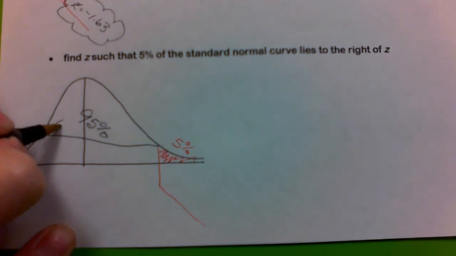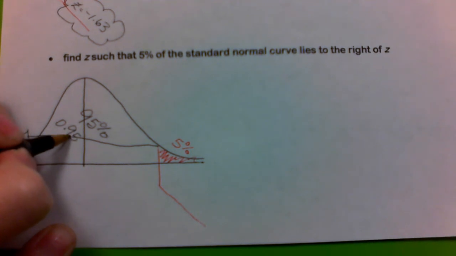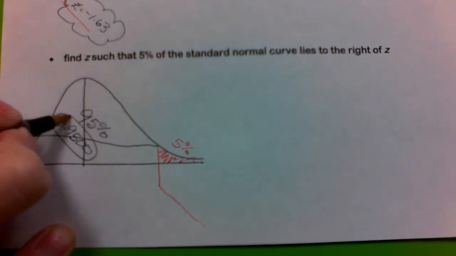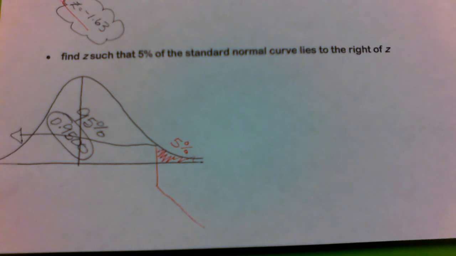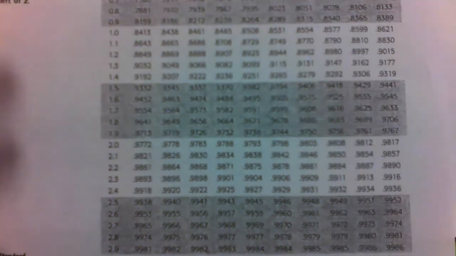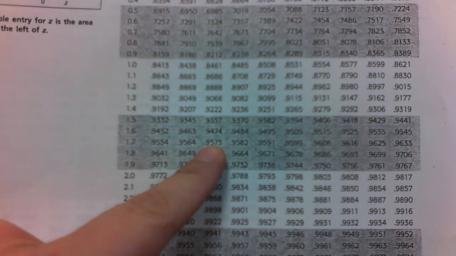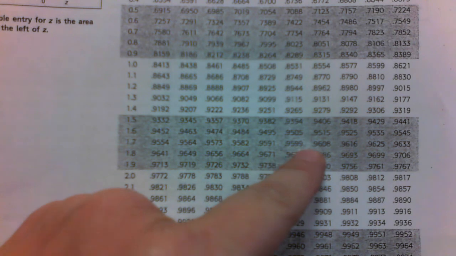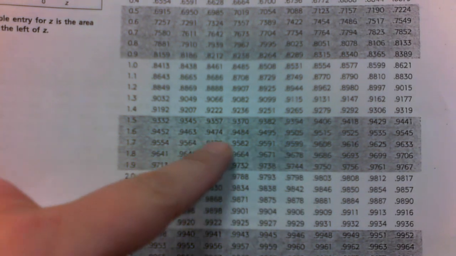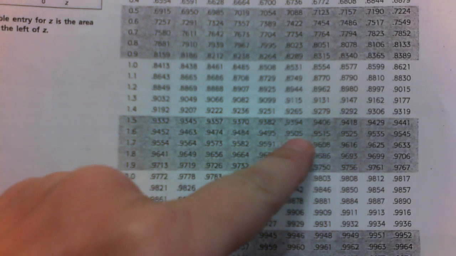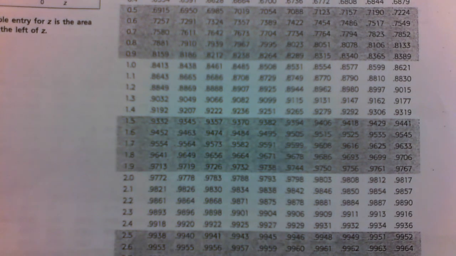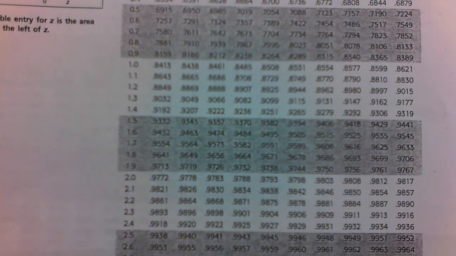So we're going to be looking for 0.9500. This is what we're going to look for on the table. On the positive side, so I'm looking for 0.9500. Well, there's 9573. 9599. Let's see, I'm going to 95. Here's 9505.